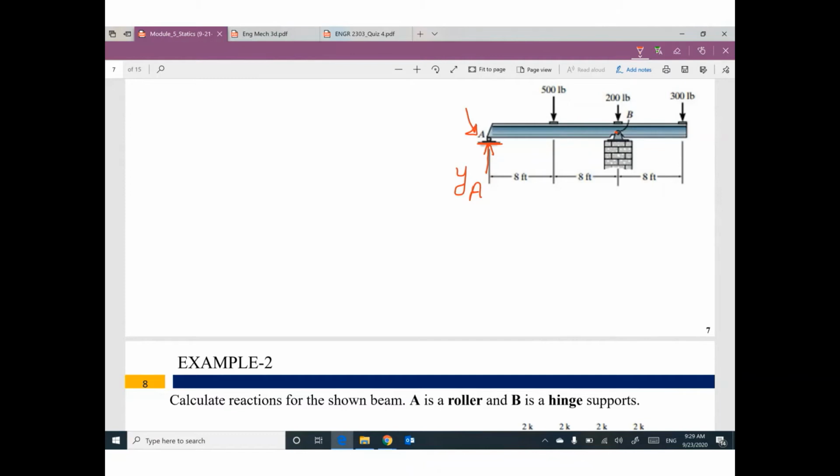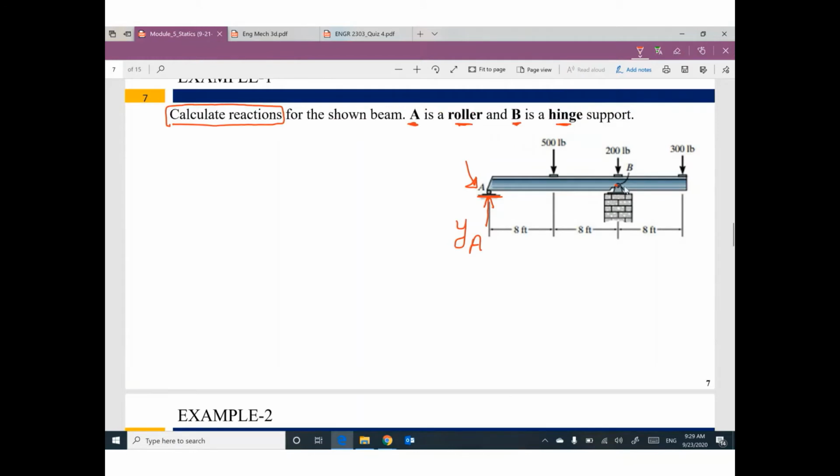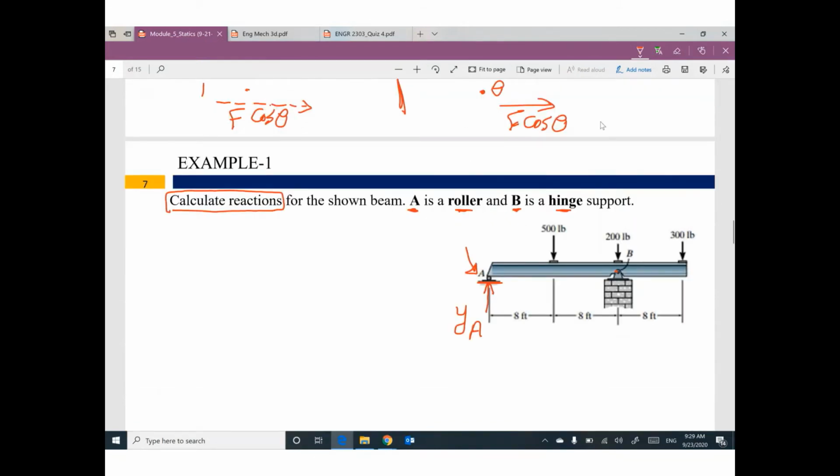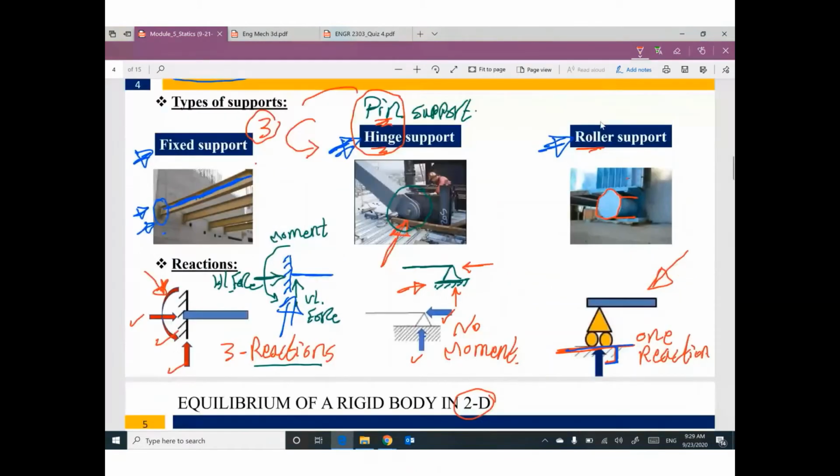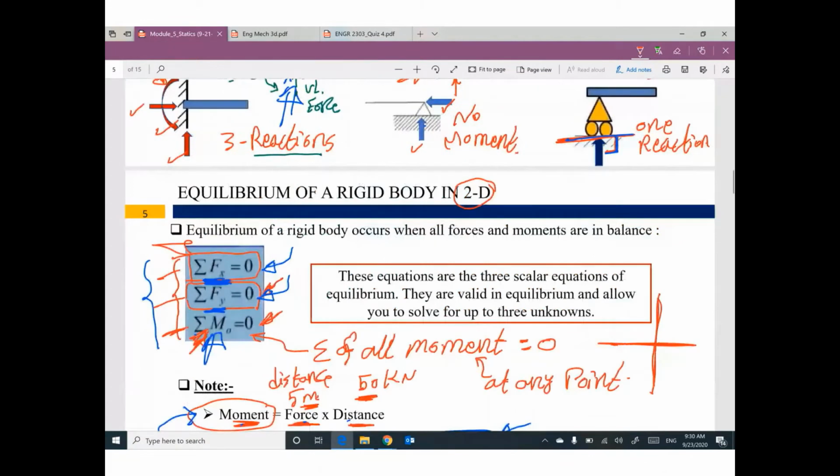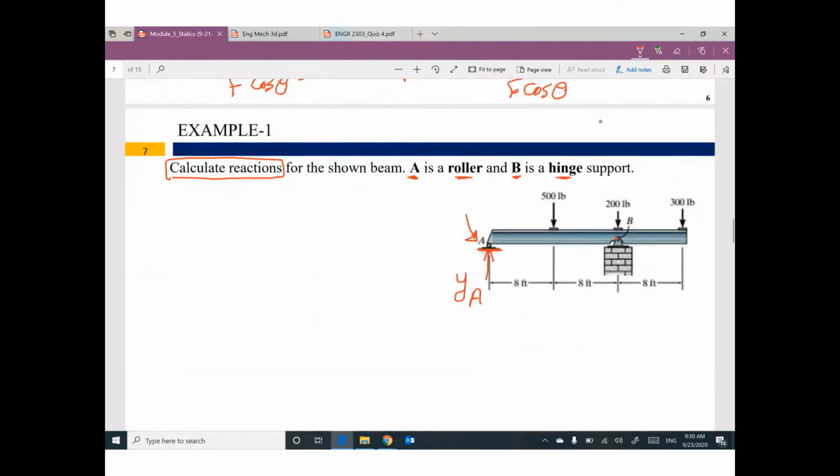The second support, which is B, what type of support do we have? We have a hinge support. If you have a hinge support, how many reactions do you expect? I expect 2 reactions, one vertical and one horizontal. So I'm going to assume a vertical reaction and a horizontal reaction.